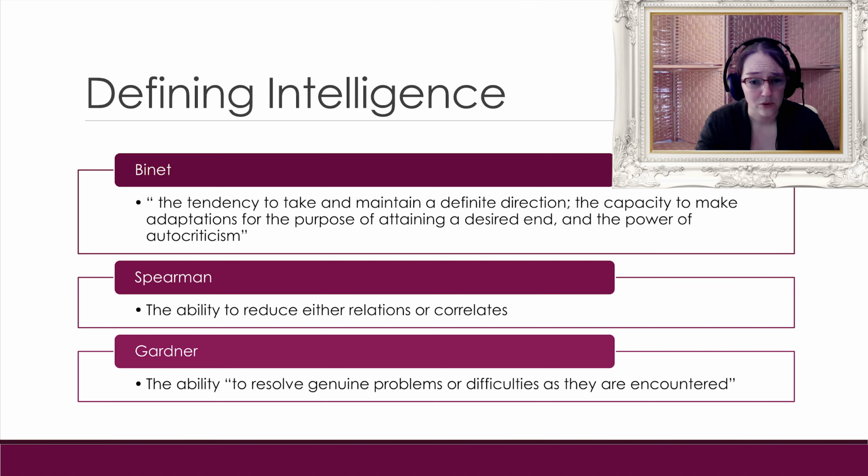And Gardner: the ability to resolve genuine problems or difficulties as they're encountered. The idea here is your ability to figure things out, to use the materials you have at hand to do that.